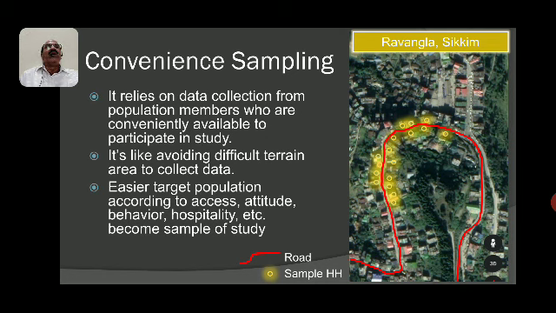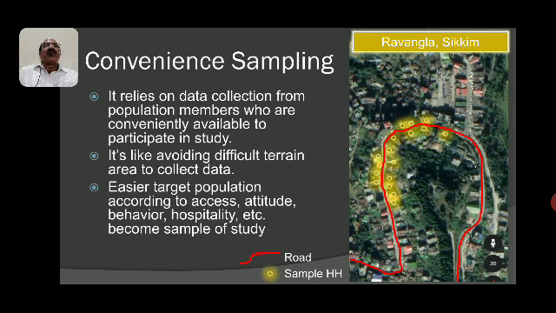So it is called convenience sampling. It relies on data collection from population members who are conveniently available to participate in the study. It's like avoiding difficult terrain to collect data.